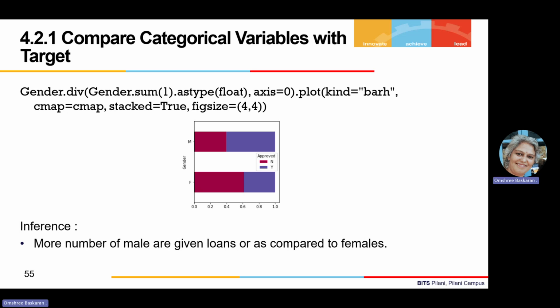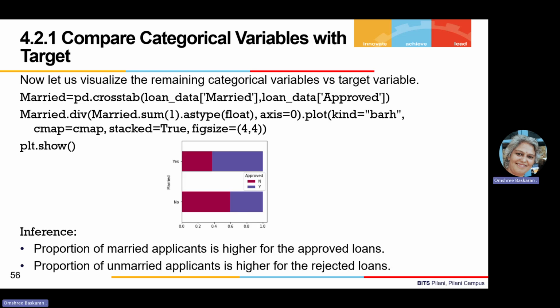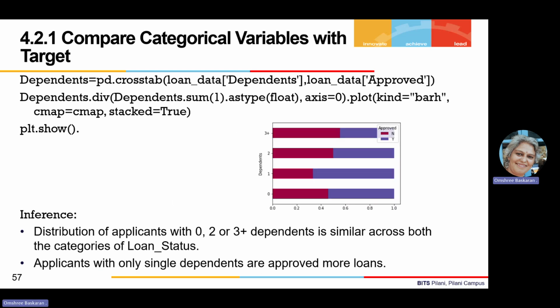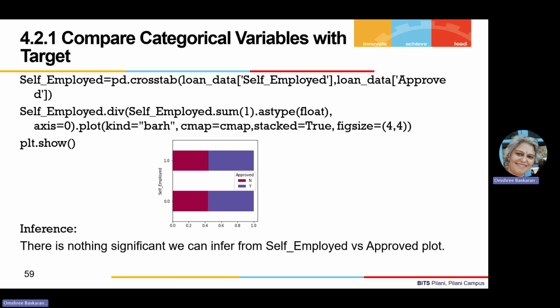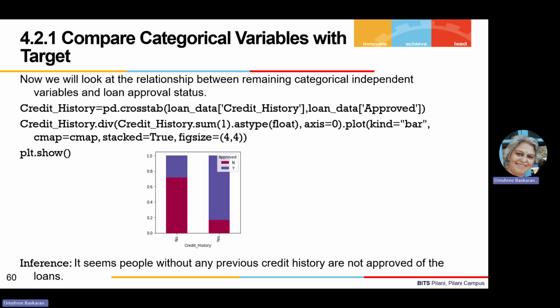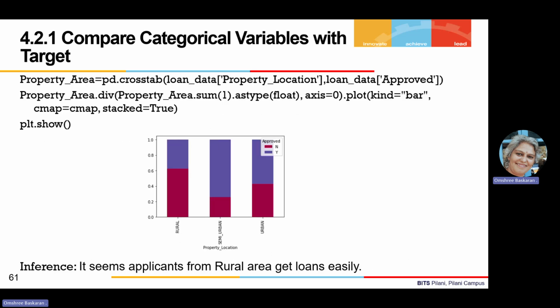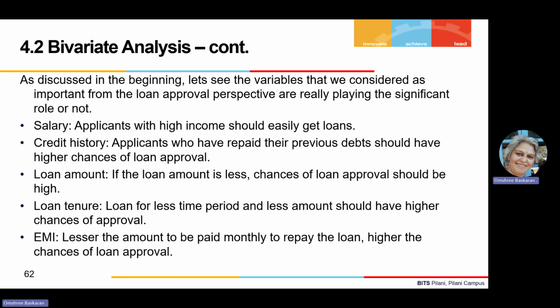A bar chart or a cross tab is drawn to compare. Within the gender, the initial plot had separate bars. This is a cross tab, which shows it as a ratio. With the target variable, we are checking the different variables, the categorical variables, and after that, we start off with the bivariate analysis.